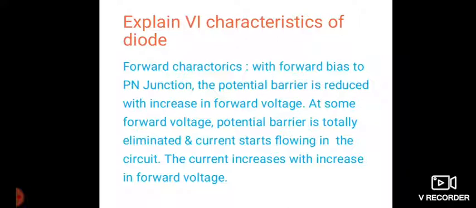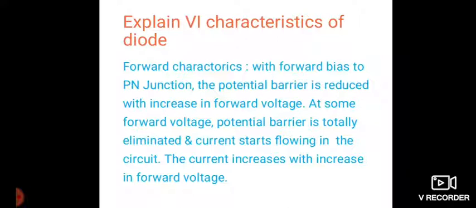So, as a result, as the forward voltage is increased, the electrons and holes, because of repulsion between the same charges, will try to cross the junction or move near the junction. As a result, the potential barrier goes on reducing.